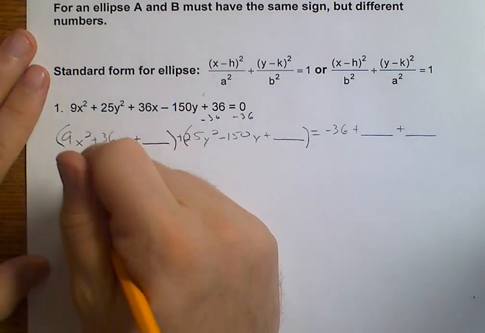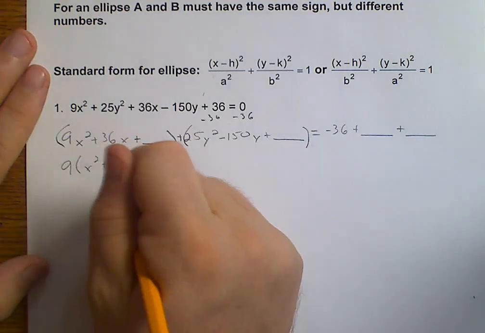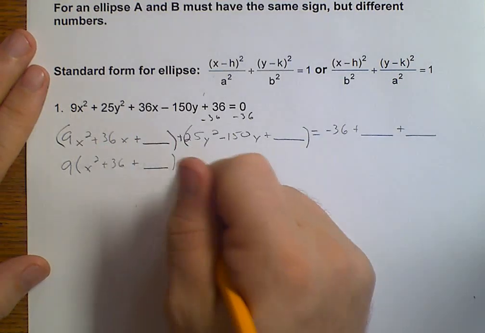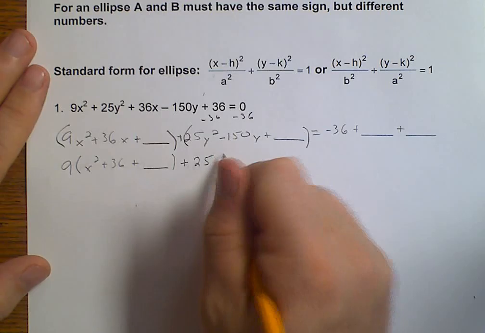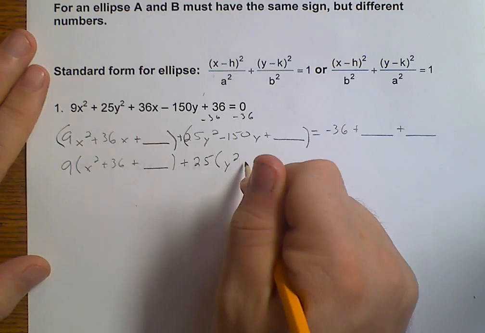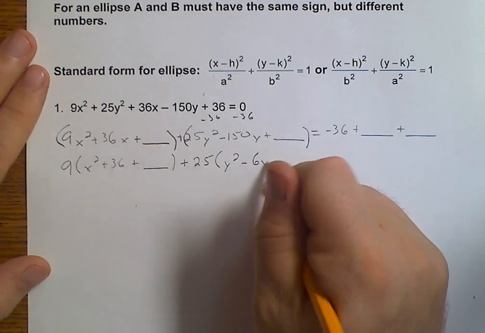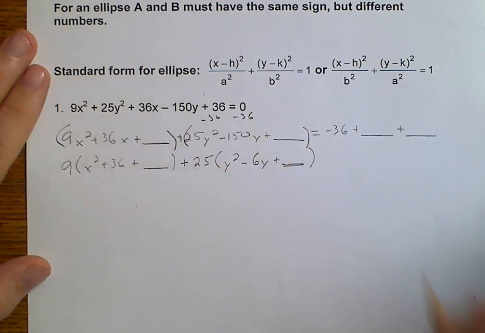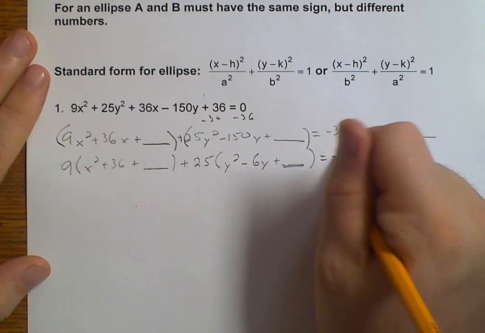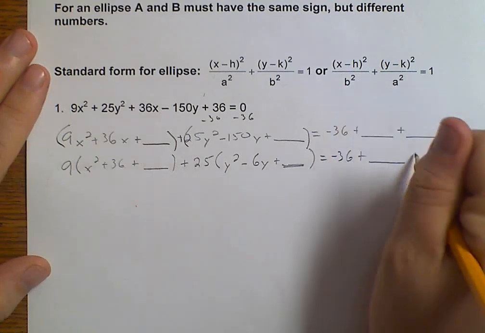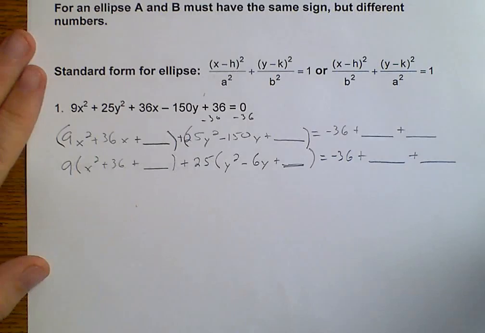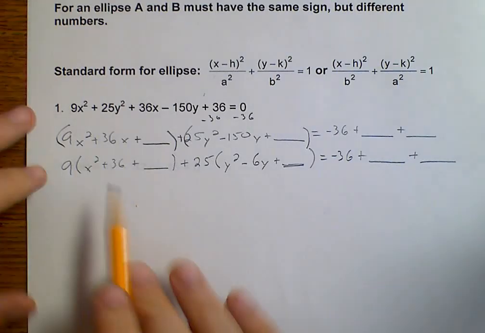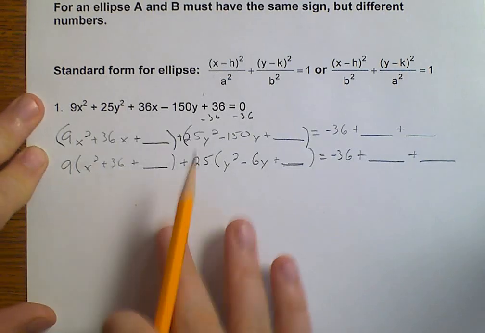And so that's going to give me x squared plus 4x plus that complete the square number that I don't yet know, plus 25 times y squared minus 6y plus that unknown complete the square number. That's going to equal negative 36 plus both of my unknowns.